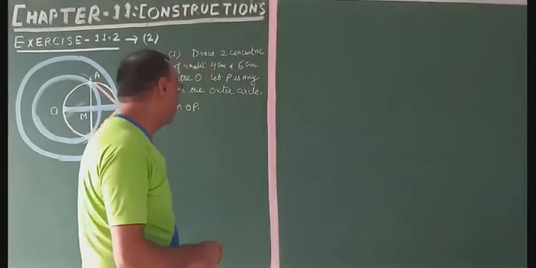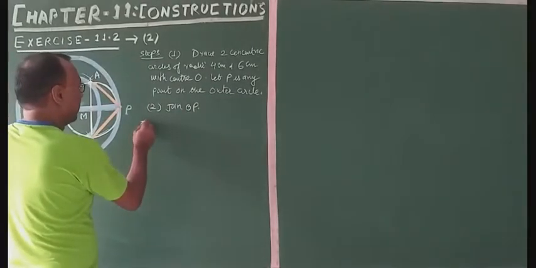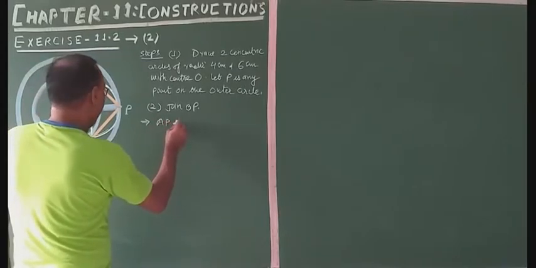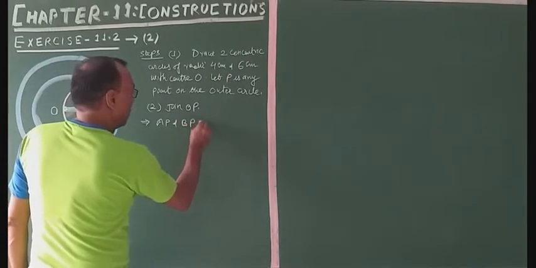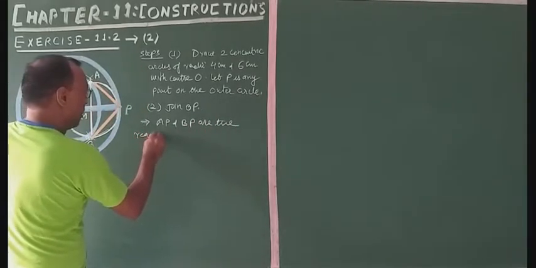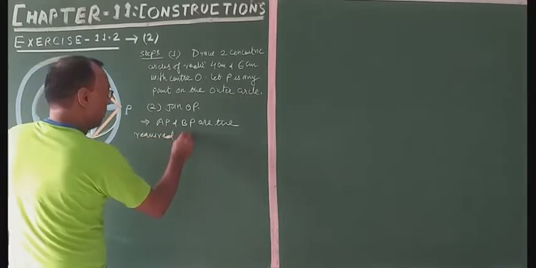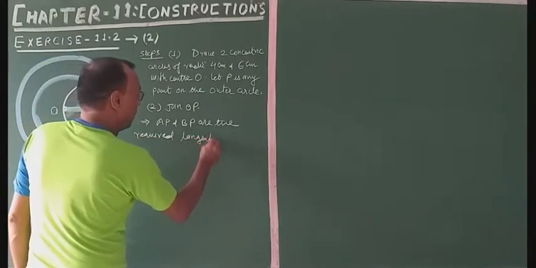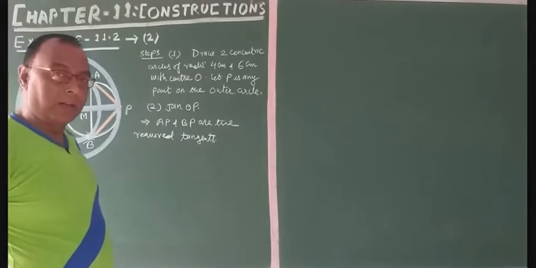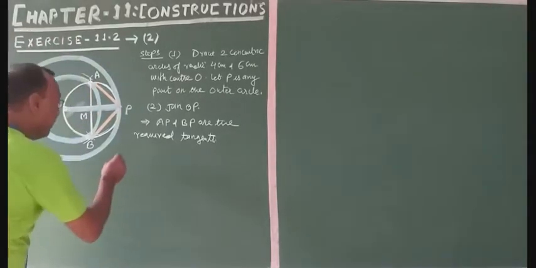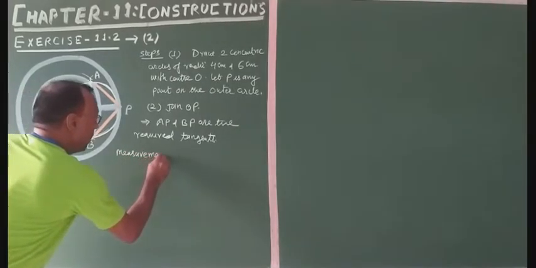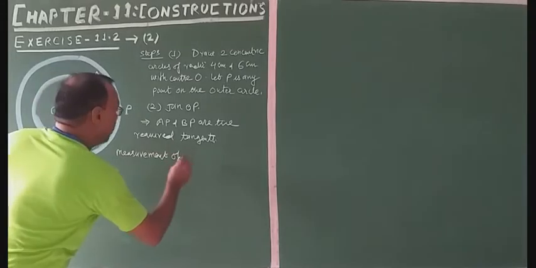Finally we will write that AP and BP are the required tangents, and then you will measure the length of AP.